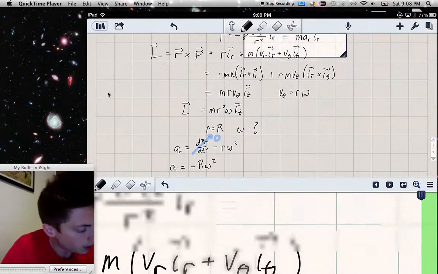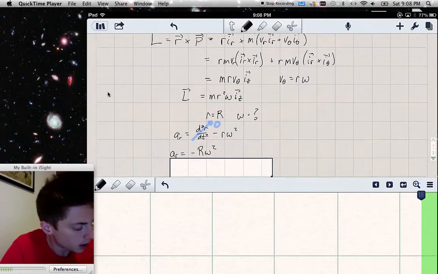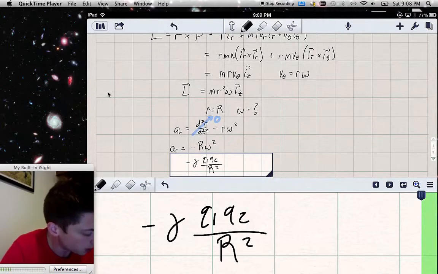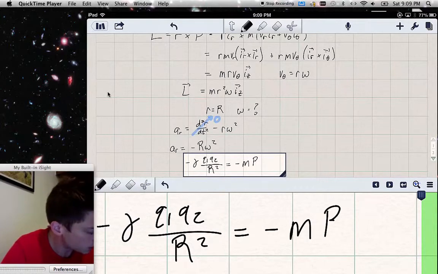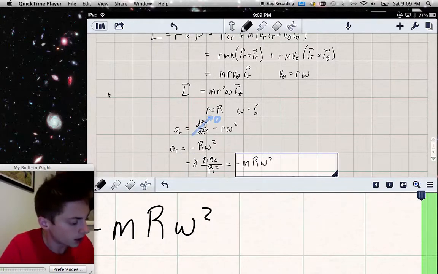But we know that F_r is equal to m a_r. So we can say negative gamma Q1 Q2 divided by capital R squared is equal to m a_r, negative m R omega squared. So from here, we can get omega.